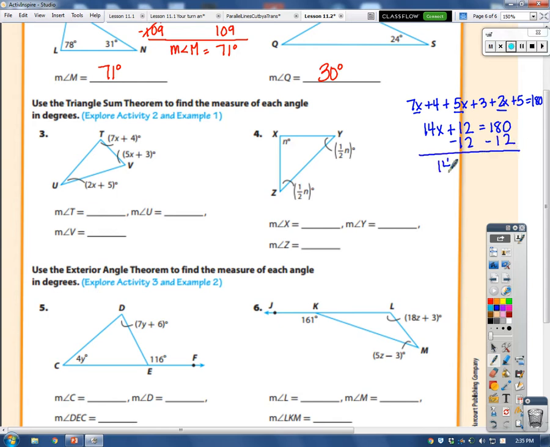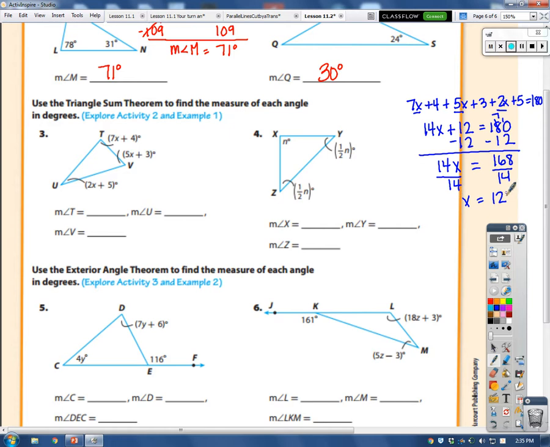Got 14x equals 168. And then I'm going to divide by 14. So 168 divided by 14. I'm just going to pop that in a calculator here so you guys don't have to hang out while I do all of that. And that x equals 12.